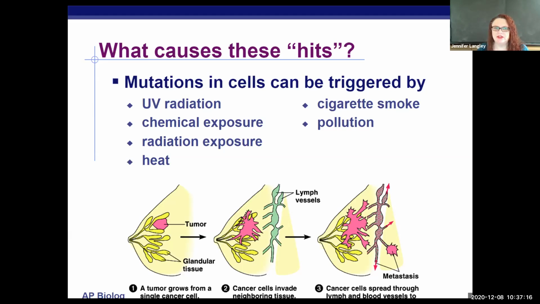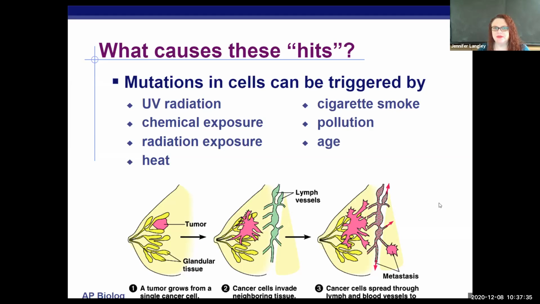Pollution is another type of chemical exposure. With high levels of pollution, they are finding a risk of increased cancer. If it's air pollution, it's going to be lung cancer. If it's water pollution, you're looking at cancer in different parts of the body.